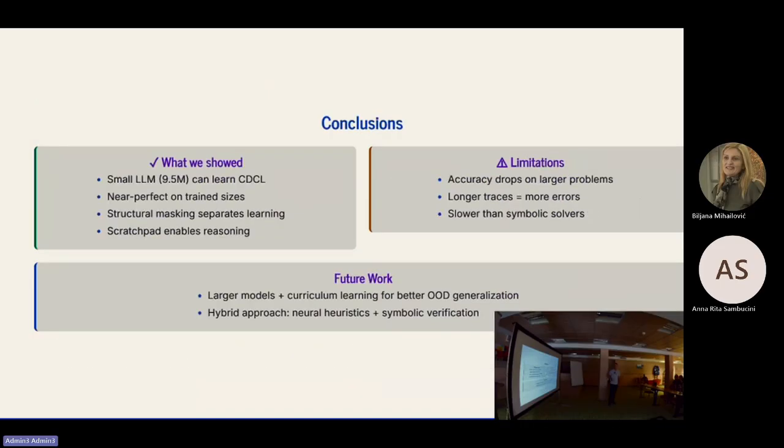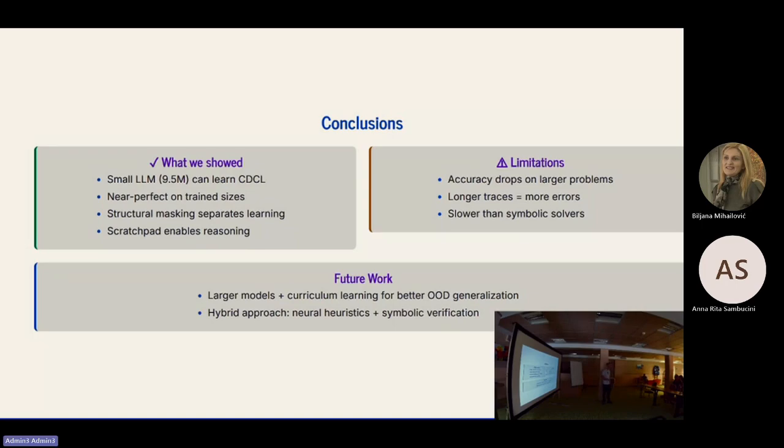And that is all. We showed we can train the reasoning step on very small large language models. It performs very well on in-distribution data, and we show the scratchpad enables the reasoning.